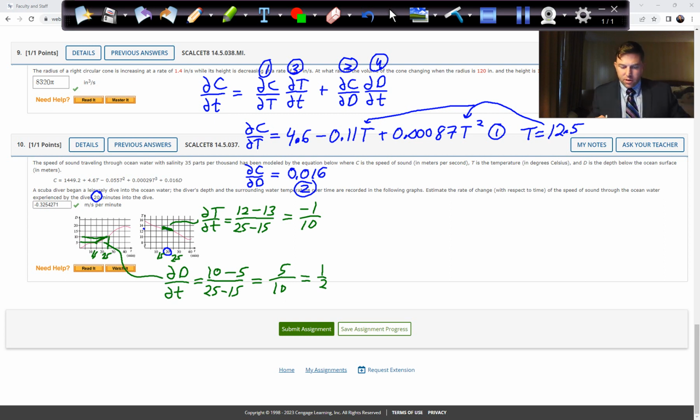Okay, now we put it all together. So we're going to say dC/dt is this function evaluated when temperature is 12.5.